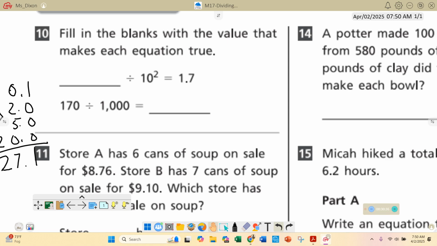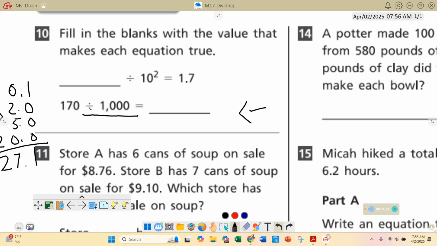All right, for question number 10, you are trying to fill in the blank to make the equation true. I'm going to start off with the second one, because that one is a little bit easier for you, or I think it is. All right, so remember, we are dividing by a whole number. So when you divide by a whole number, you're singing part of Beyonce, to the left, to the left. So your decimal is going to move to the left. How many places to the left is it going to move?